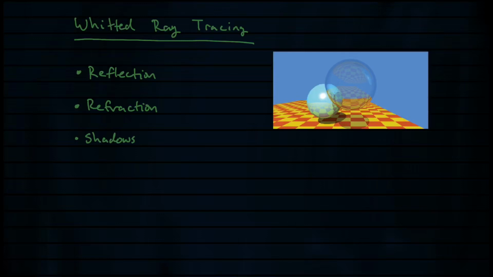So the idea is that if you have a camera and you send out a ray into the scene, and let's just say that you hit a sphere, essentially you can calculate three rays. So you could have refraction, you could have reflection, and if you had a light source, you could also check for shadows, right?